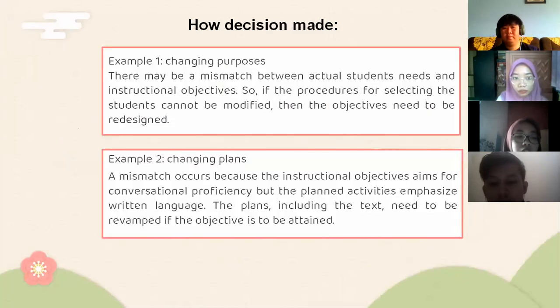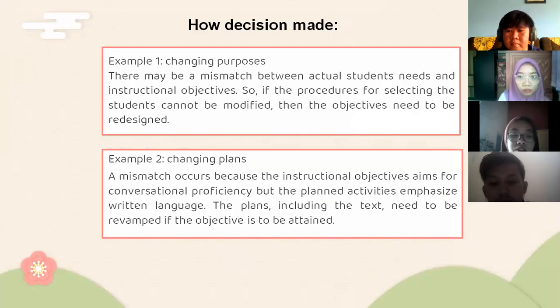Okay, now we will discuss some simple examples of how decisions are made in the classroom, using Figure 1 as a frame of reference. The first is example 1, changing purposes. Second language courses are designed to achieve a certain general objective, and specific objectives are usually chosen in accordance with the needs of the students.